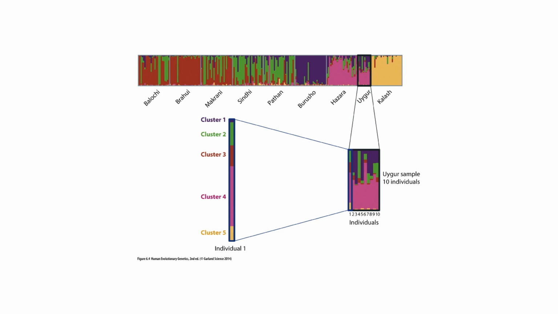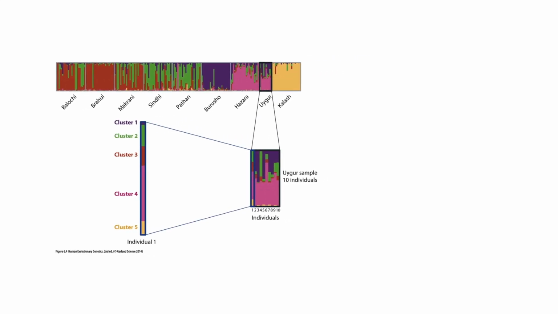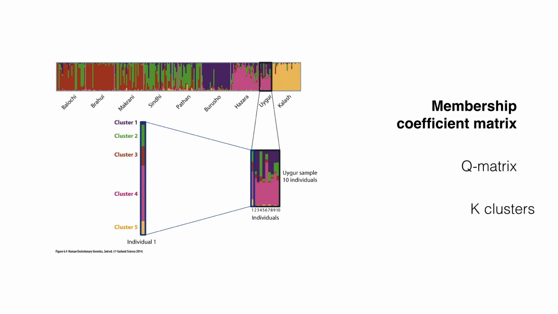But you can see each individual in fact has different colors assigned to it, which represent different groups to which membership coefficient was assigned. For each individual, all of these colors add up to 1, but each individual could consist of colors giving different membership coefficients. The overall coefficient matrix, termed the individual Q matrix, is generated with rows for the number of individuals and columns for number of clusters, denoted by K.